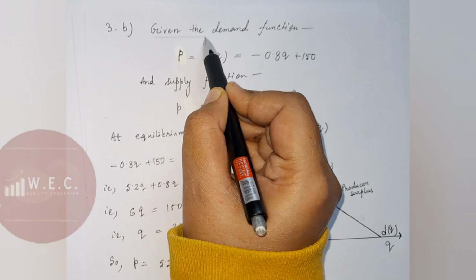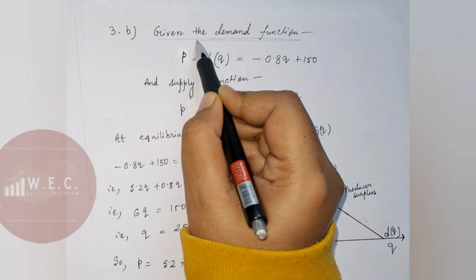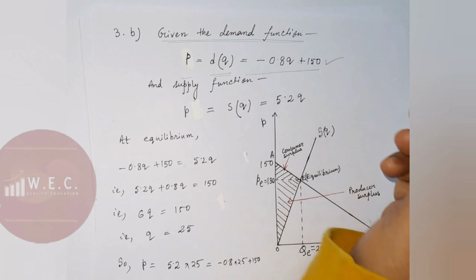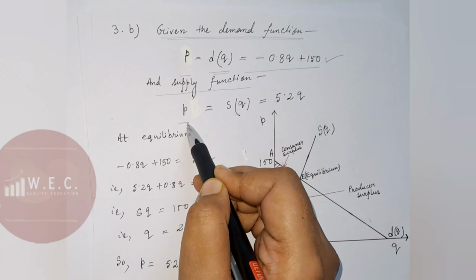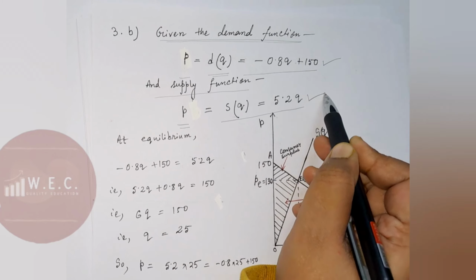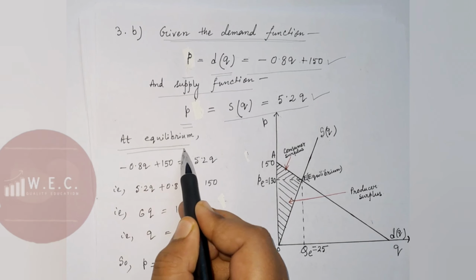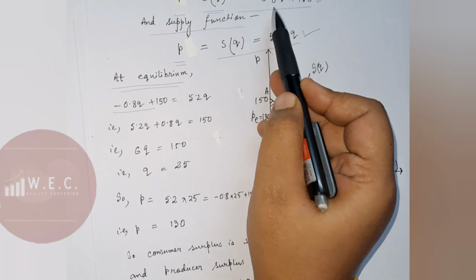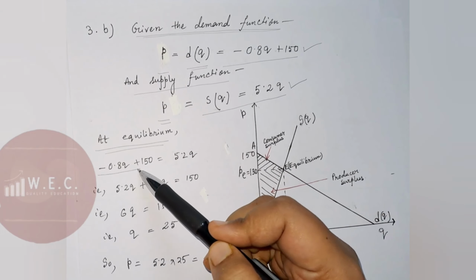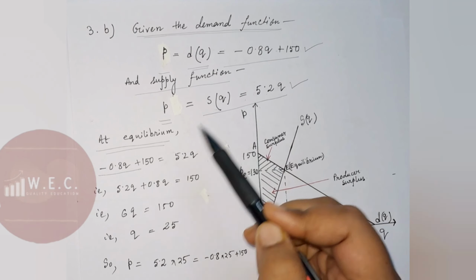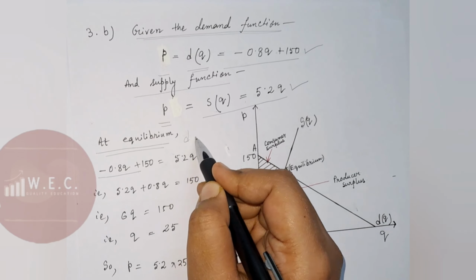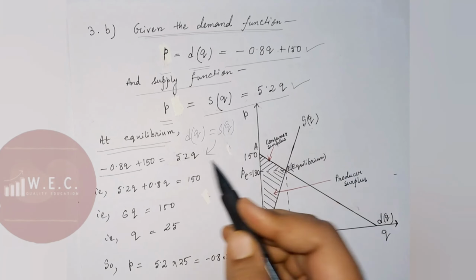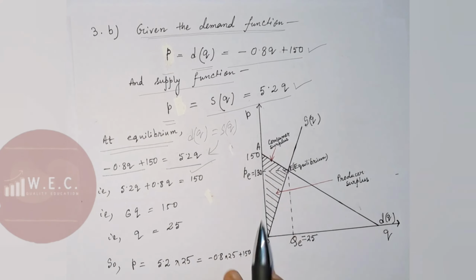Demand function is given as P equals to minus 0.8 Q plus 150, and supply function is P equals to 5.2 Q. So at equilibrium, demand equal to supply, that is minus 0.8 Q plus 150 equals to 5.2 Q. Solving this equation, we can get equilibrium quantity and equilibrium price.